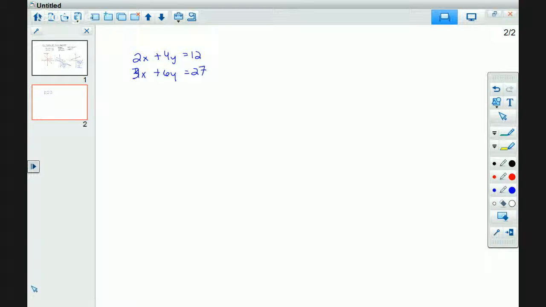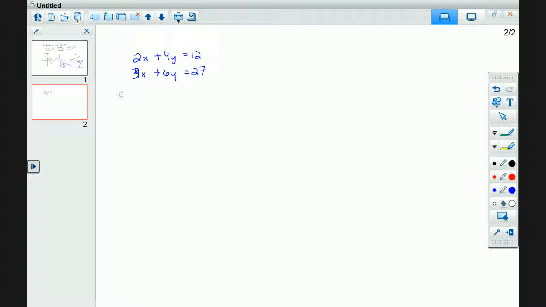Let's show the algebraic just to make sure you got it. Yeah, I prefer elimination personally. It doesn't matter to me what you use. So I'll show you this one by elimination.